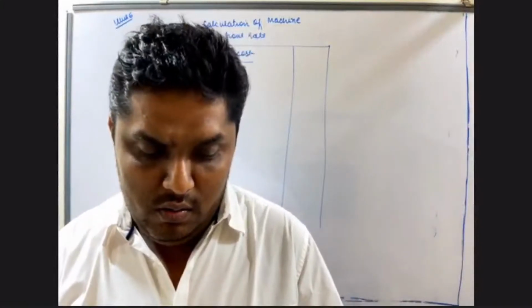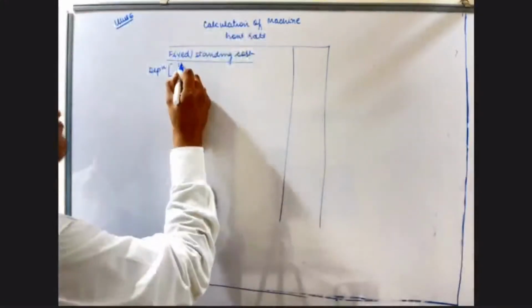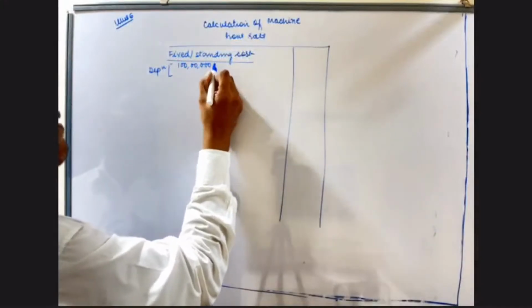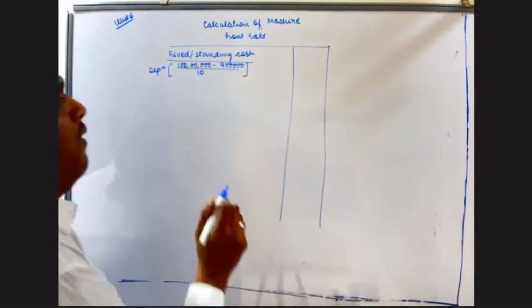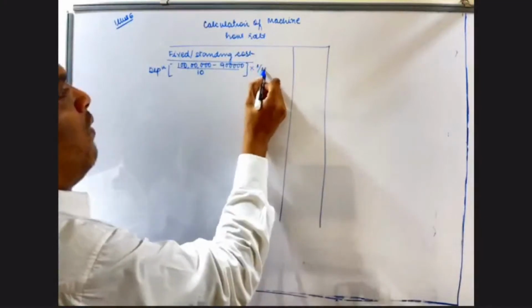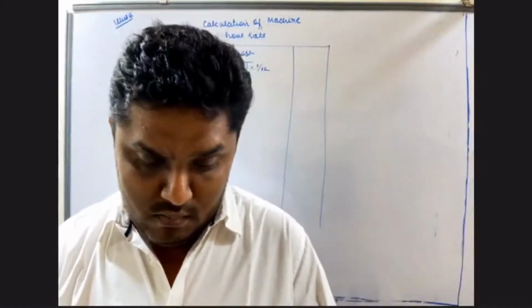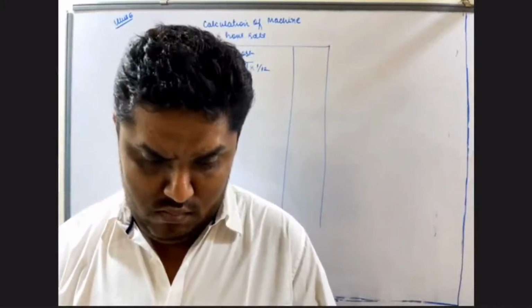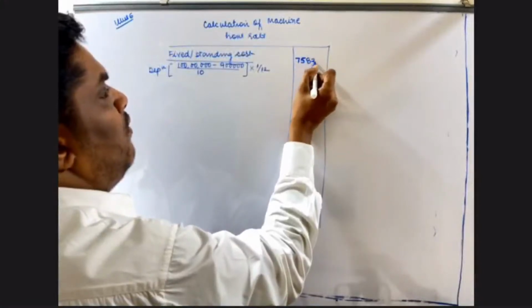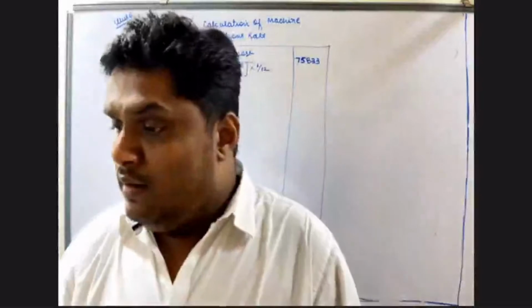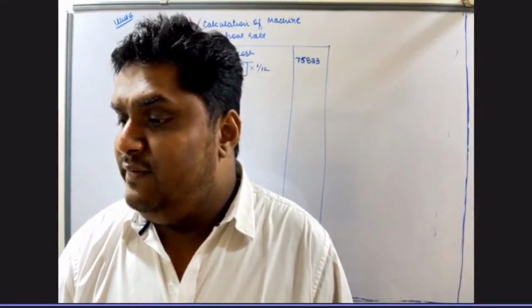So 1 crore... So this will be 75,833. Thereafter, the repairs and electricity will form part of variable cost.